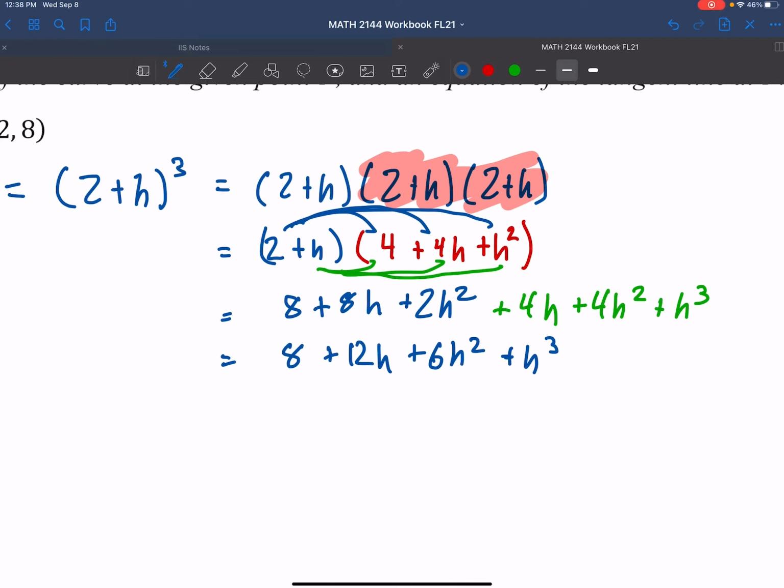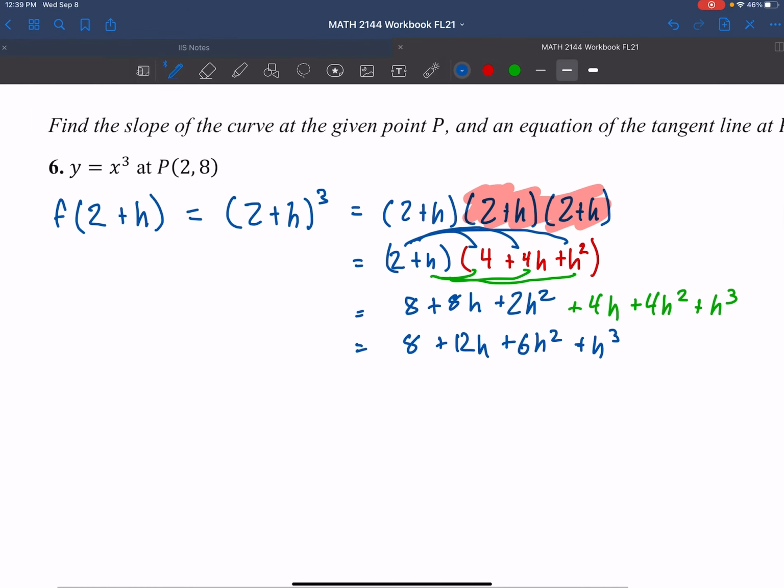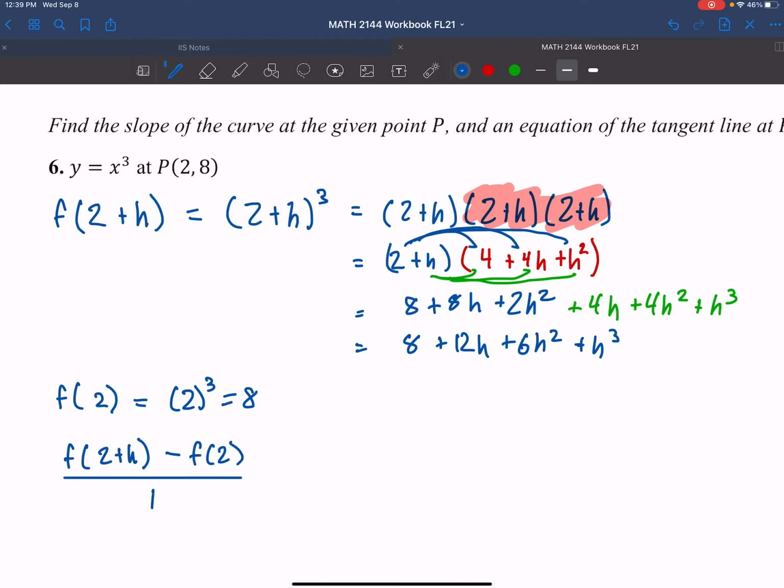Very good. Nice cancellations of the 8s.